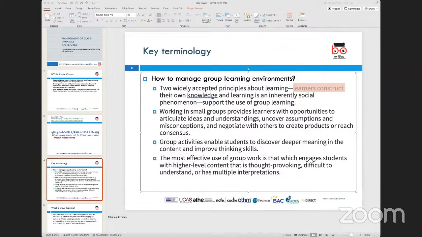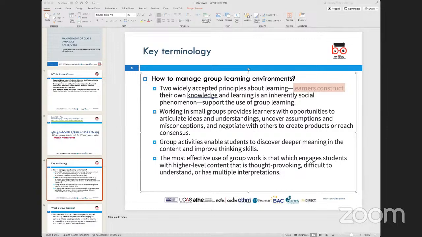Then we also look at social interaction, which is an important part of the constructivism theory. The social interaction that learners are able to have when they are put in groups allows them to learn, share, compare, and reformulate ideas.